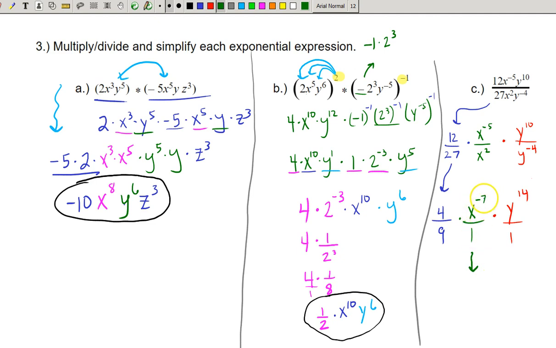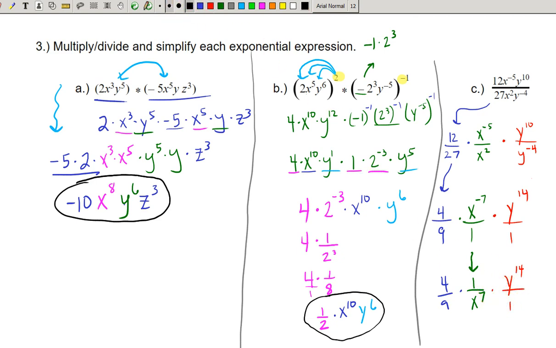So instead of x to the -7, I'm going to make it x to the +7. But in order to do that, I have to take it and put it on the bottom. So this is going to be 1 over x to the +7. And the rest of my numbers are going to stay the same. So I have y to the 14th. I bring all that down.